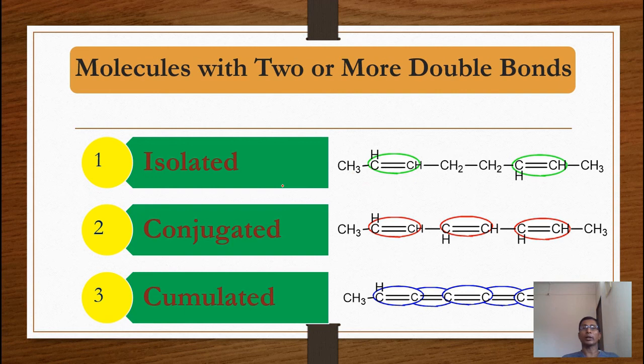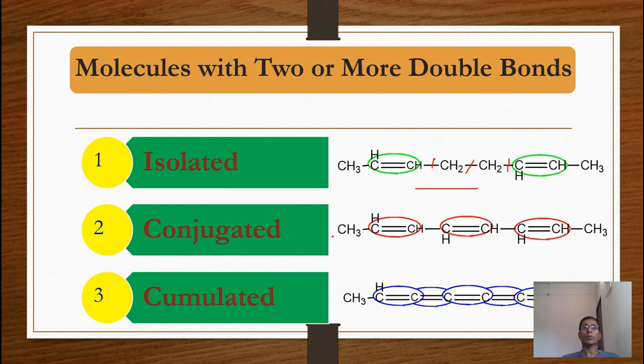In isolated alkenes, two carbon-carbon double bonds are separated by two or more carbon-carbon single bonds. Thus, in this example, these two double bonds are separated by three carbon-carbon single bonds.